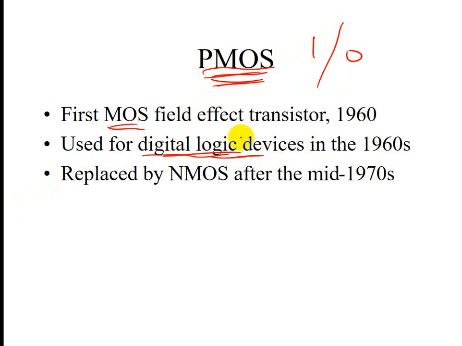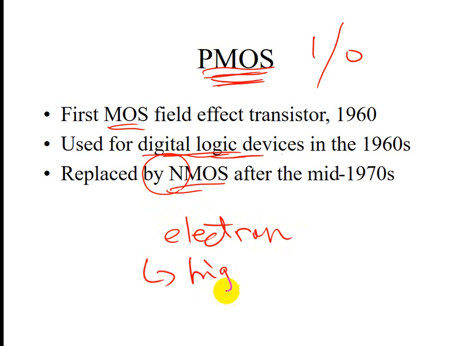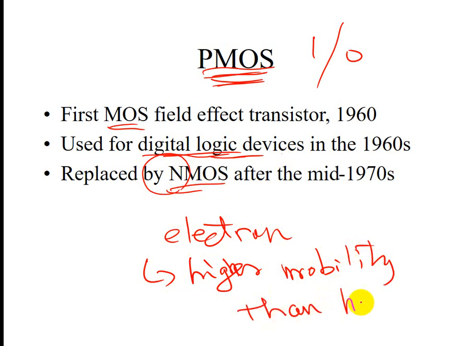Later on it was replaced by NMOS, because NMOS is basically operated by electrons, and electrons have higher mobility than holes.